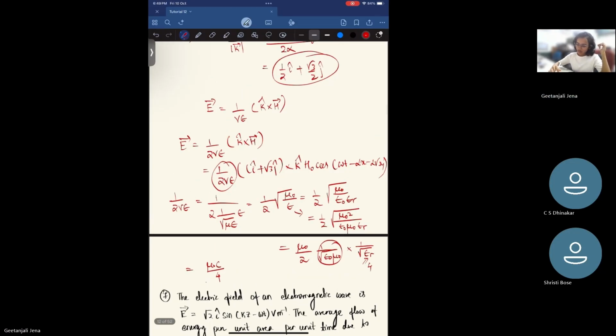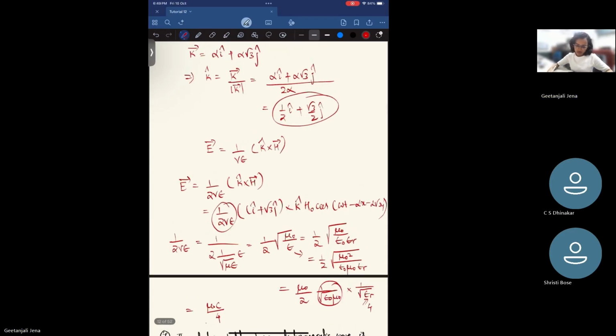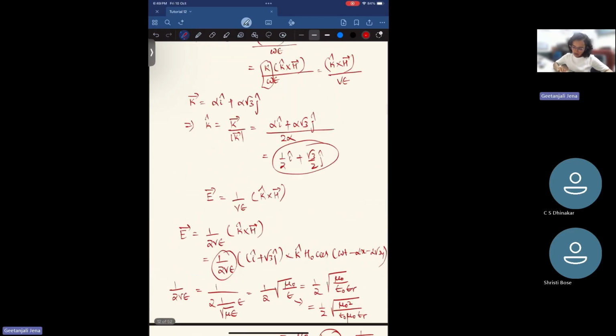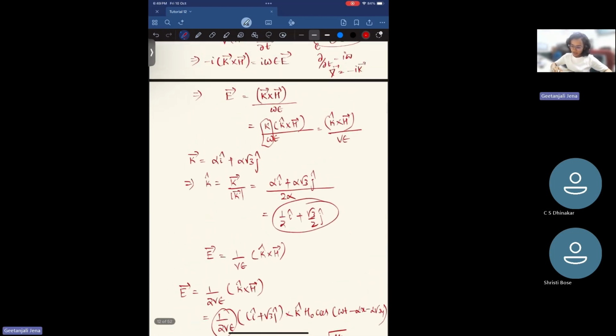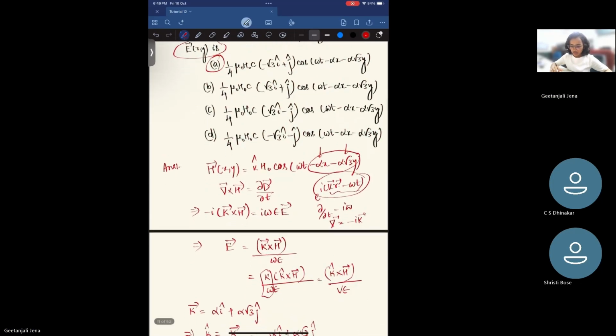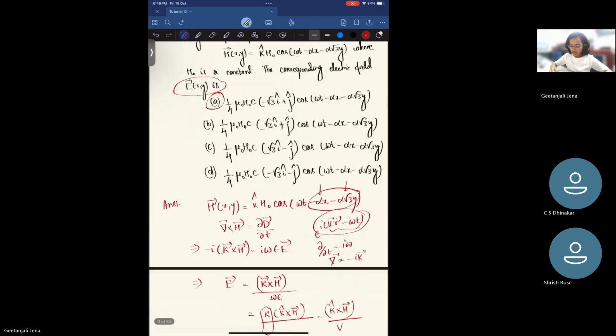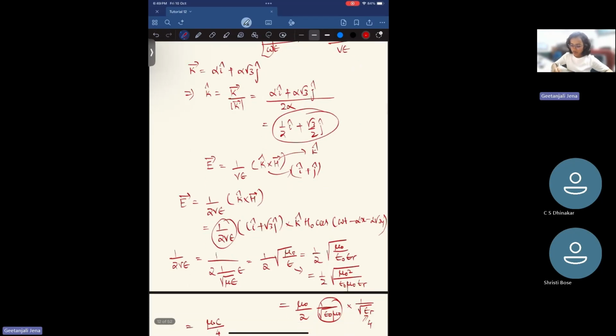Okay, so let us see. This is I cap and J cap, and this is K cap. So my K plus J cap, so I'm just looking at the unit vector. So this is in K cap.